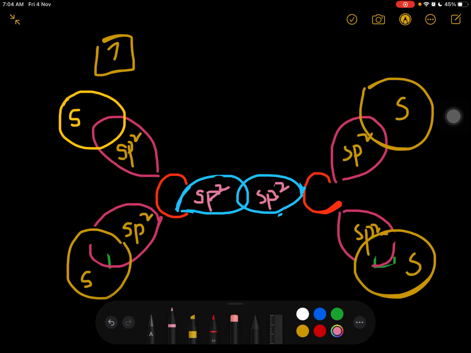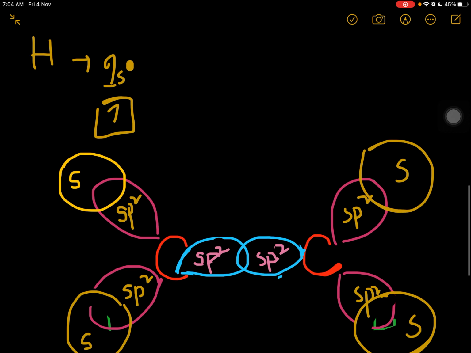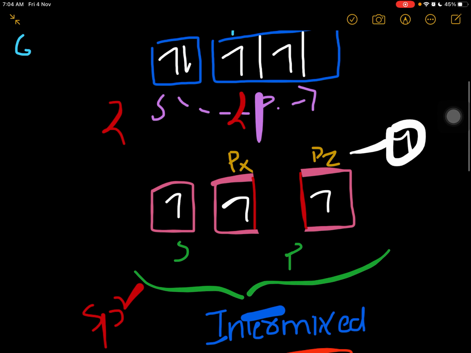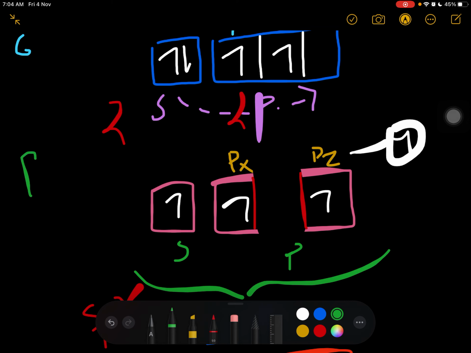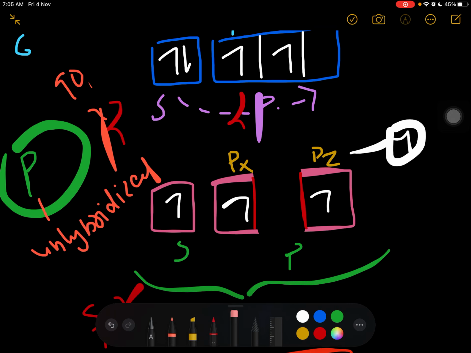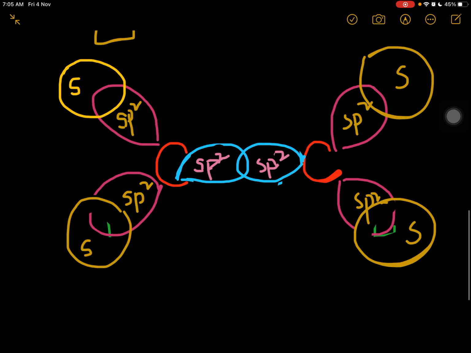We are not forming a pi bond yet, but we still have p orbitals. One unpaired p orbital is still remaining over here, which is unhybridized. It will be perpendicular, at 90 degrees to the axis.